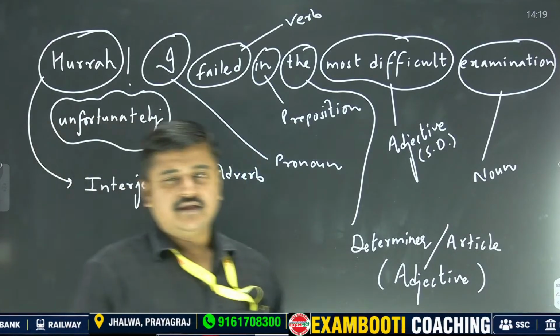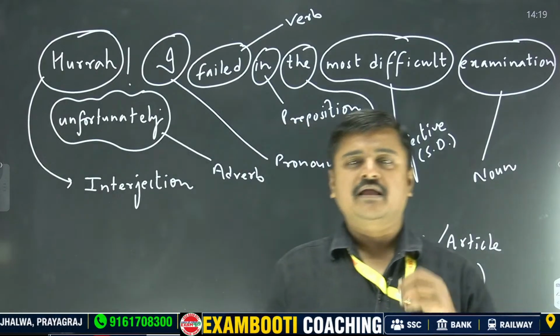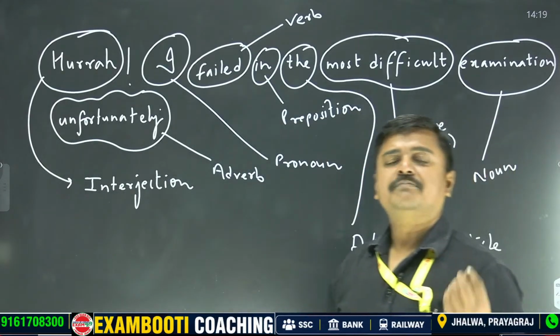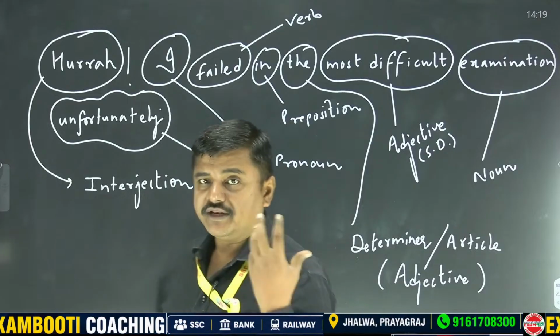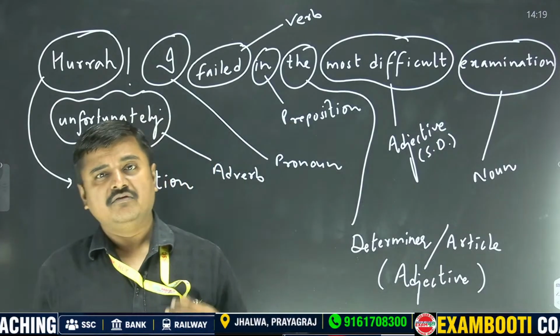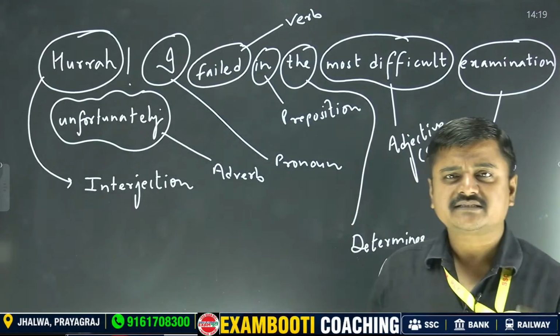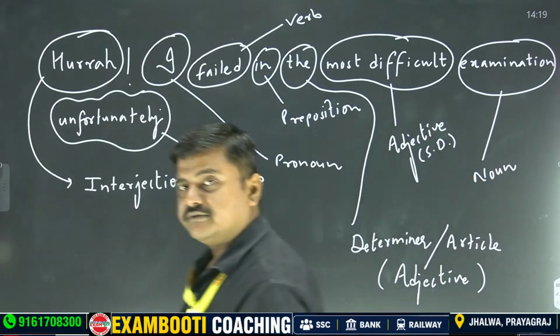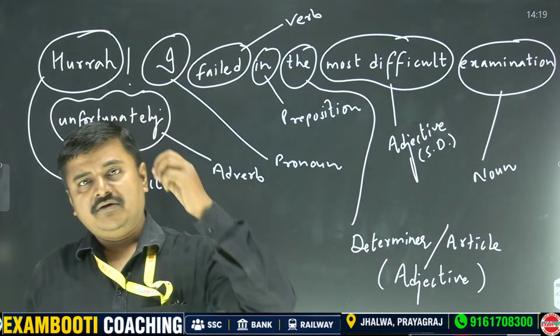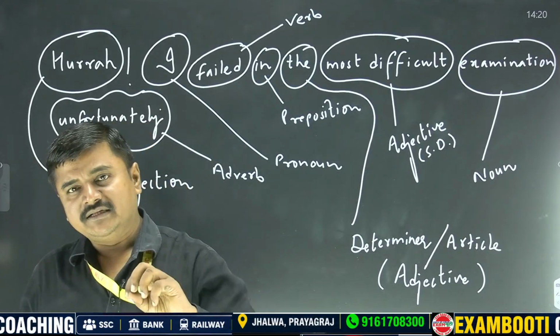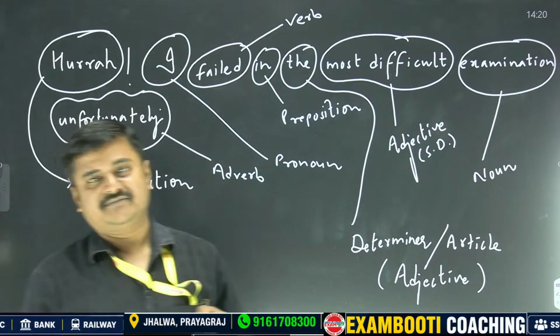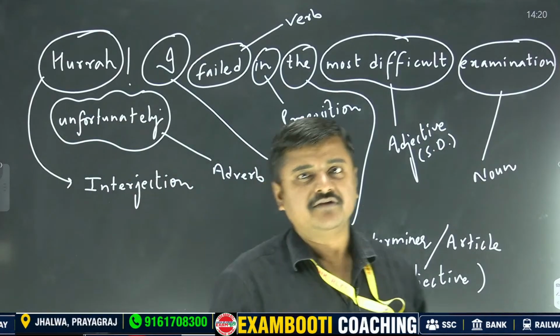There can be as many nouns as possible. There may be as many pronouns as we actually require. There may be 1, 2, or 3 verbs. It just depends on the requirement, and it just depends on the need of the sentence, what type of sentence we have been given.